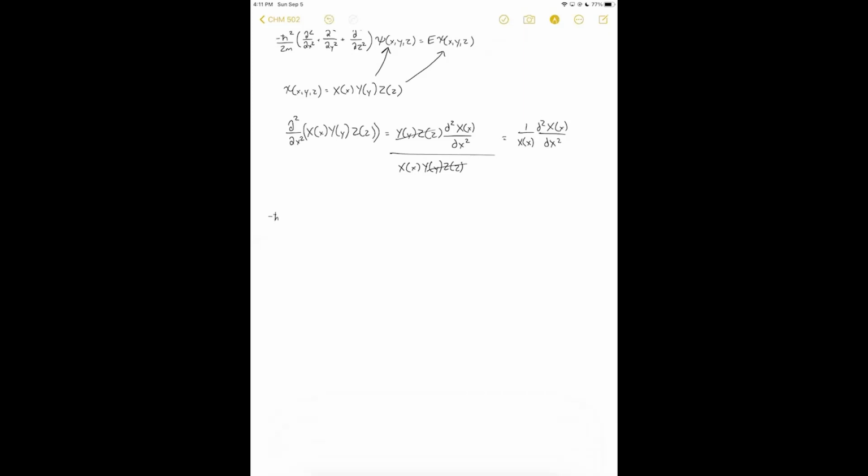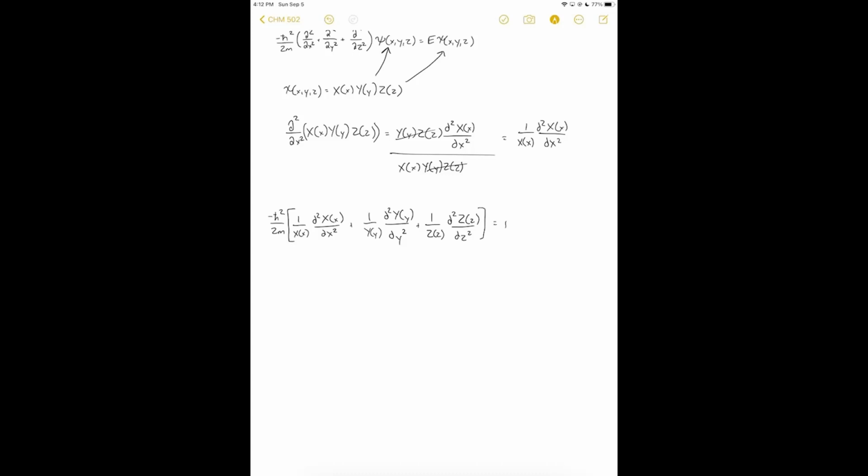I'll have negative h bar squared over 2m times 1 over X of x times two derivatives of X with respect to x. And then I'll have the same for y and z. And what we'll note is that what are these going to be equal to? Well, all that's left on my right-hand side of the equation is simply the constant, that's the energy that we're going to get out of here. So what can we do with that?